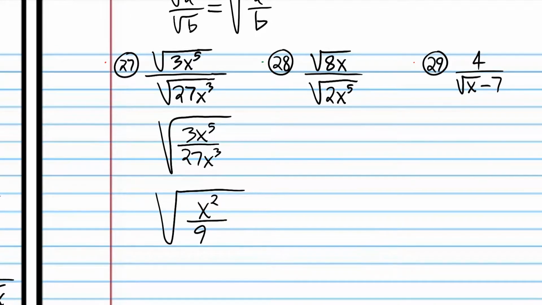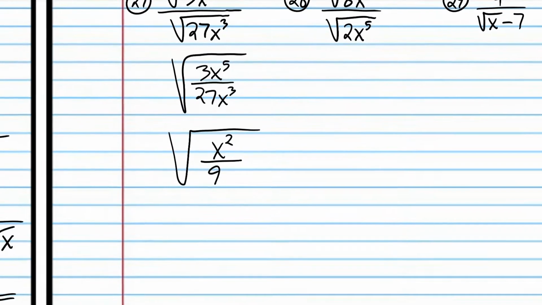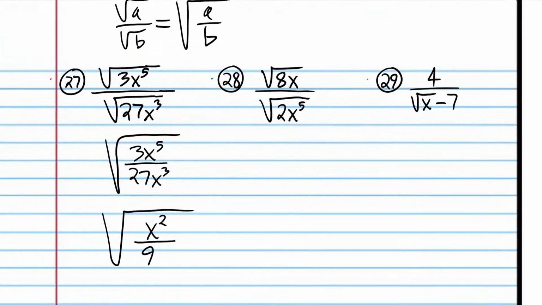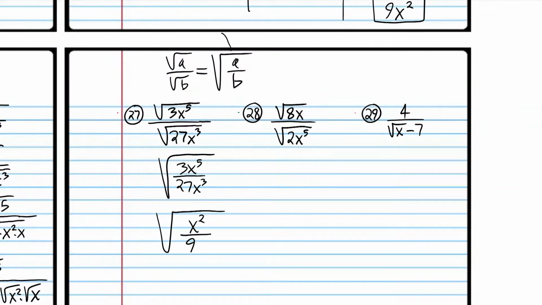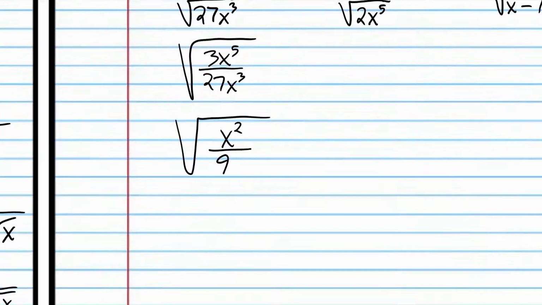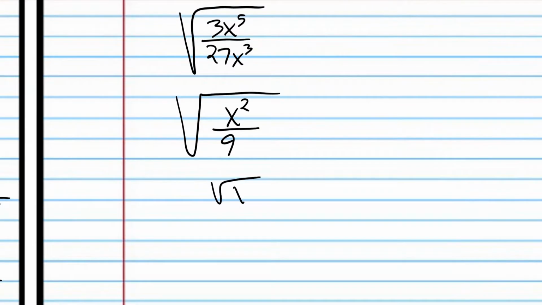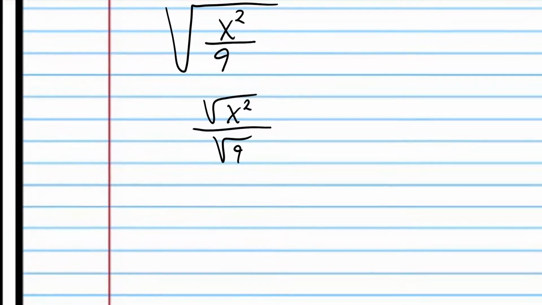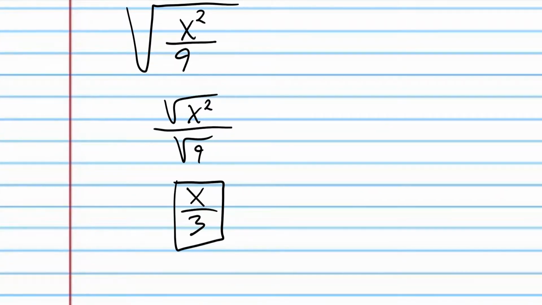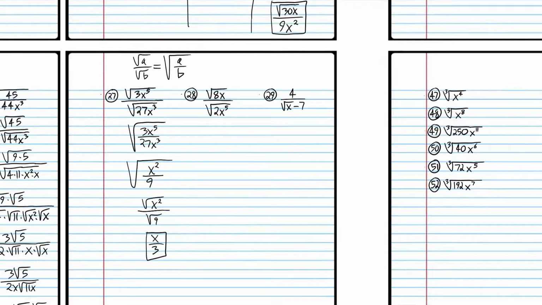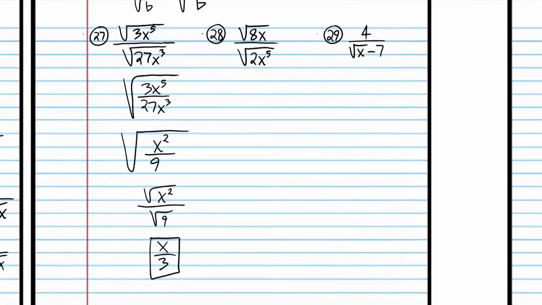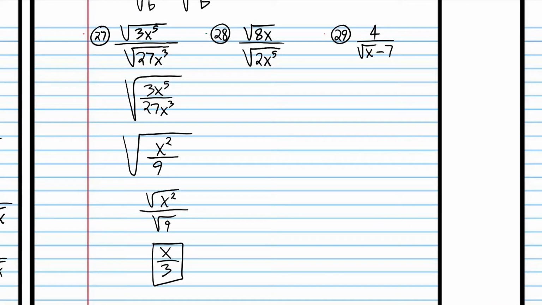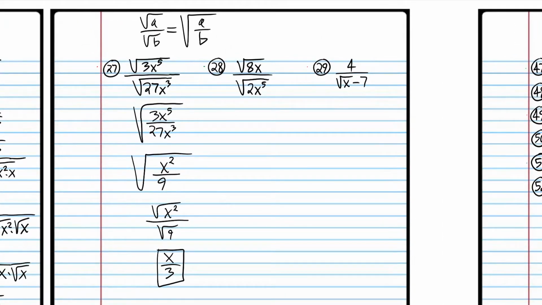So at this point, things get even better, because now we can go in the opposite direction, the reverse direction, and separate it again. So now we get root x squared over root 9, which just ends up being x over 3. So all of that stuff reduced to just x over 3. So this is something that you can use if you need to. So go ahead and try number 28, and it's the same principle. And when you come back, we'll do it together.